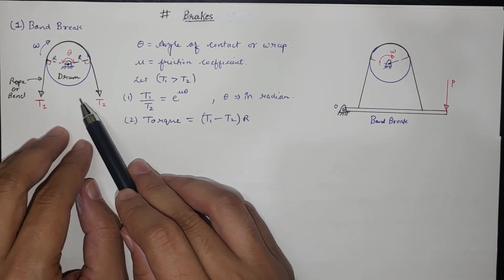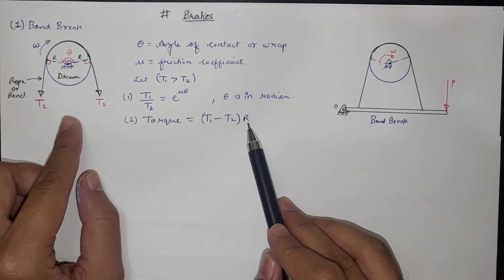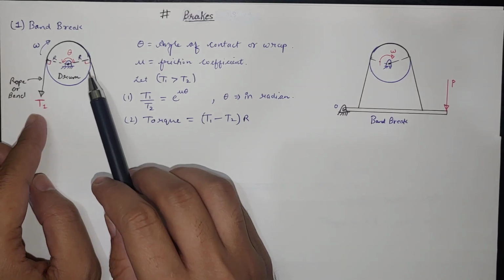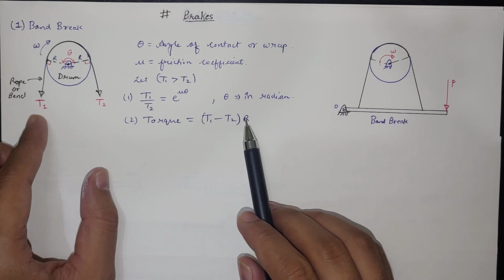So the torque generated will be (T1 minus T2) into R. If you take the difference and multiply by the distance, then that will be the torque that is to be applied.